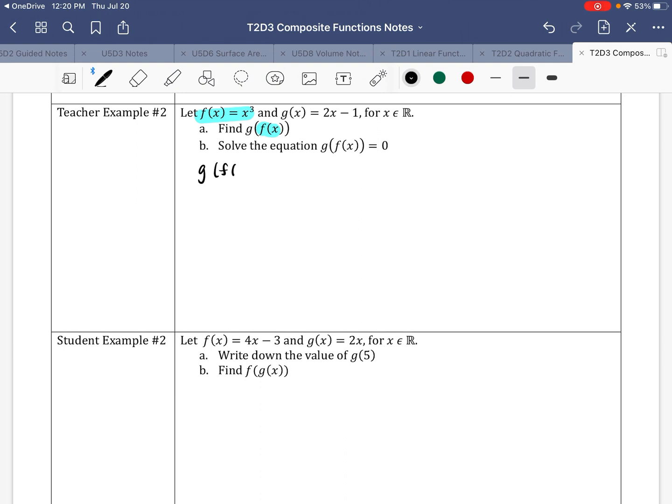All right, so g of f of x is going to equal 2 times our f of x minus 1. And our f of x here is x cubed. So we're just going to simplify that a little bit. g of f of x equals 2x cubed minus 1.